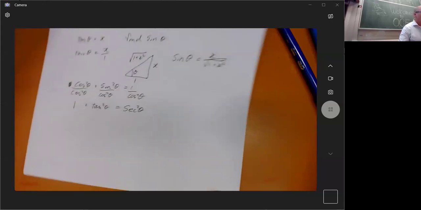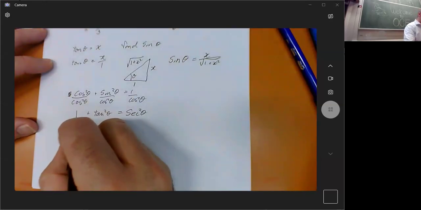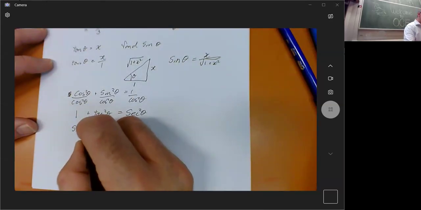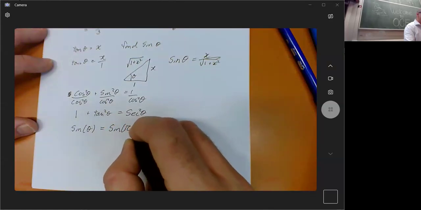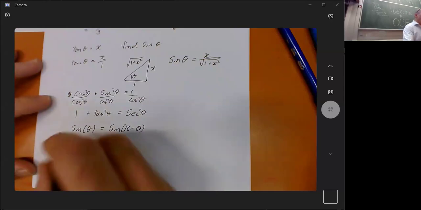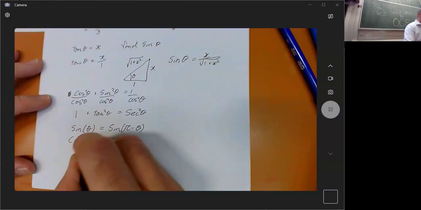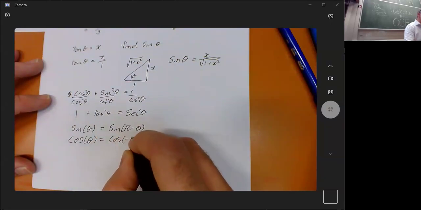There are two other things that I actually remember. Sine of theta is equal to sine of pi minus theta. Very useful for working out other formulas. And the other one is simply cosine of theta is equal to cosine of minus theta.